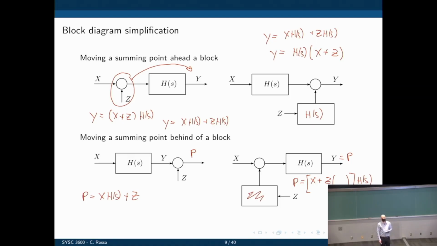And what should that be? 1 over H of S. Very good. 1 over H of S. Because now when you put 1 over H of S here, we can multiply this out and we have X times H of S plus Z, which is precisely what we started with.